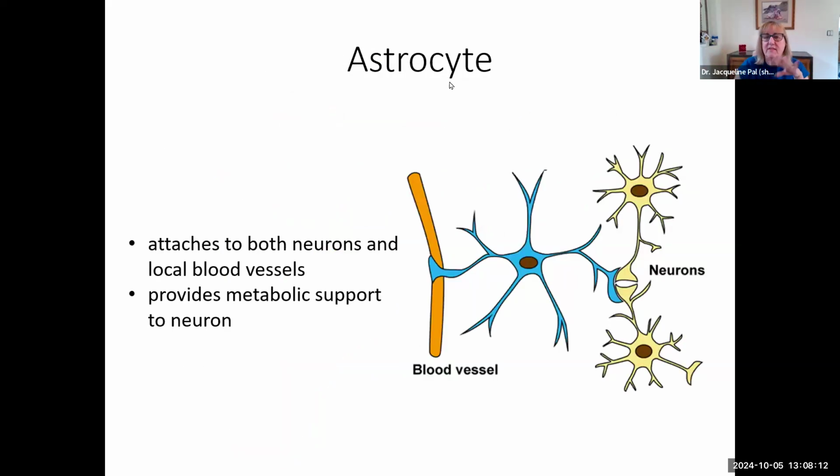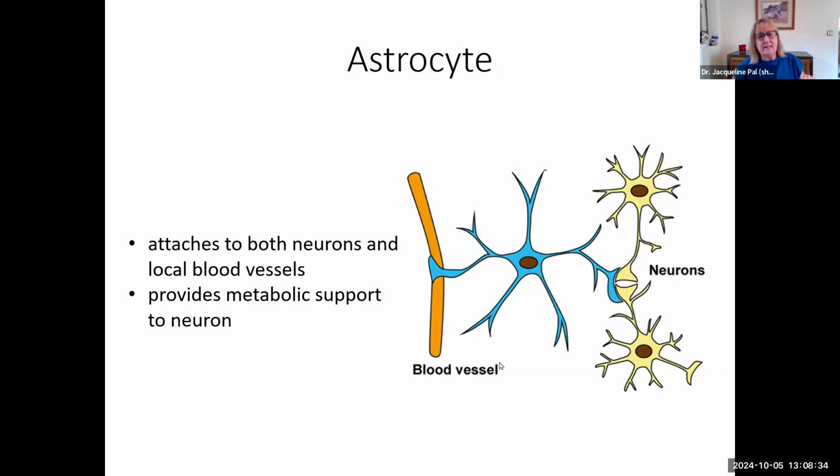First, the astrocyte, this blue cell right here. It looks like a star. It's very star-shaped. And if you look at its processes, you will see that on one side, it attaches to multiple different neurons. Each astrocyte has its own little territory that it's responsible for.